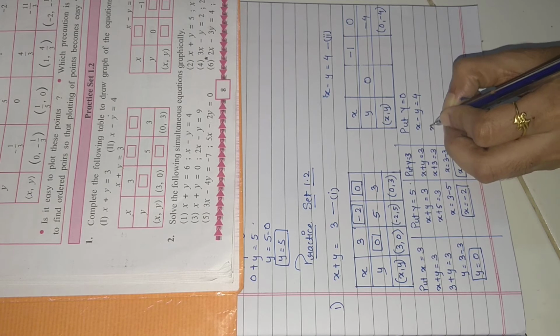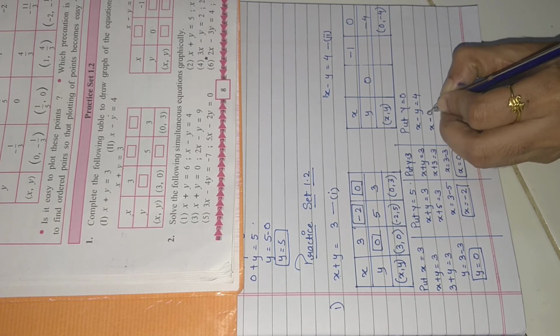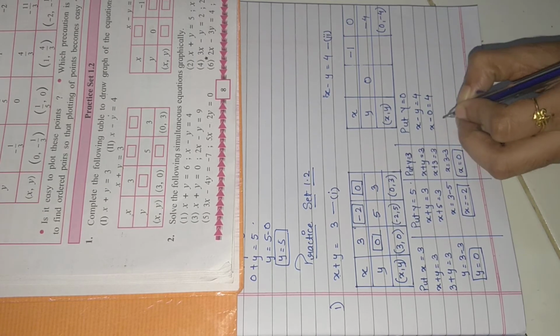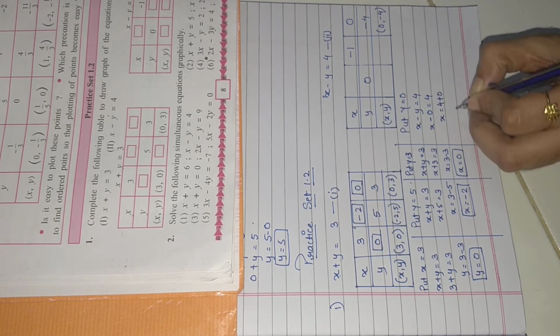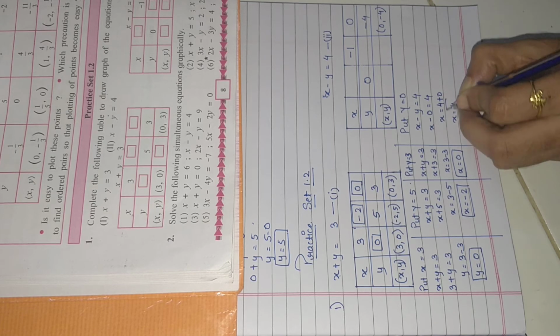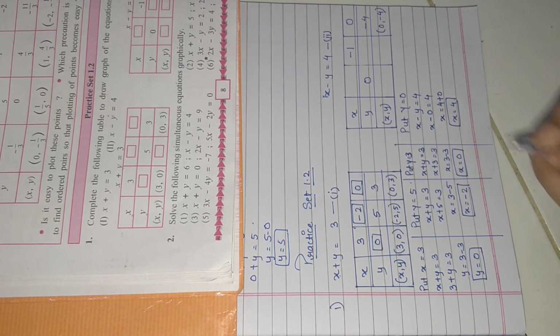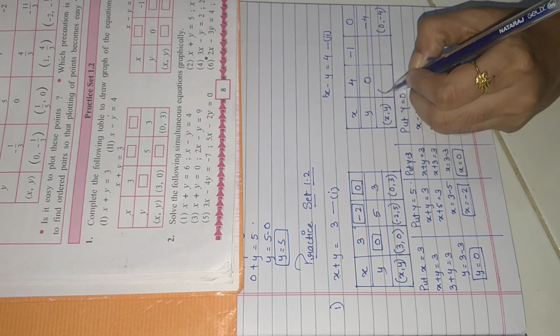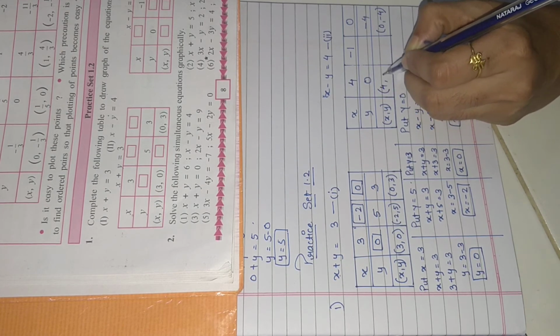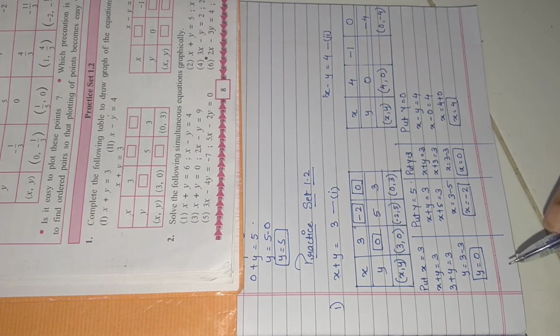So x minus 0 is equal to 4. So x is equal to 4 plus 0 and x is equal to 4. Clear? So you got the value of x as 4. So your coordinates are 4 and 0. Fine.